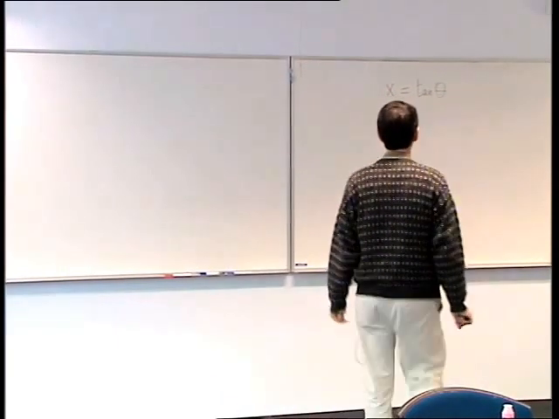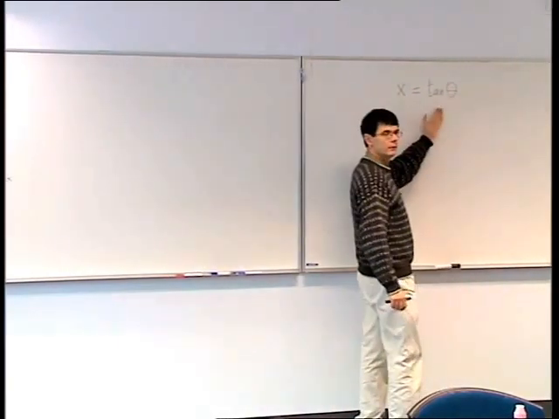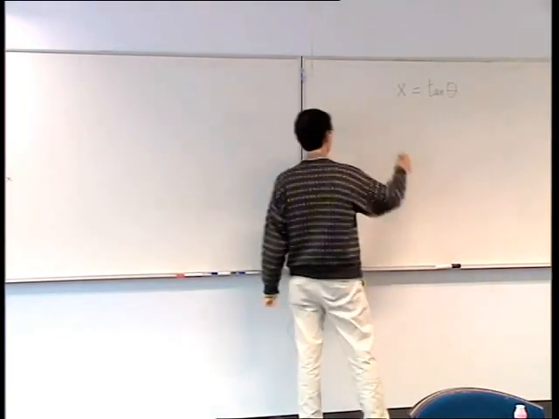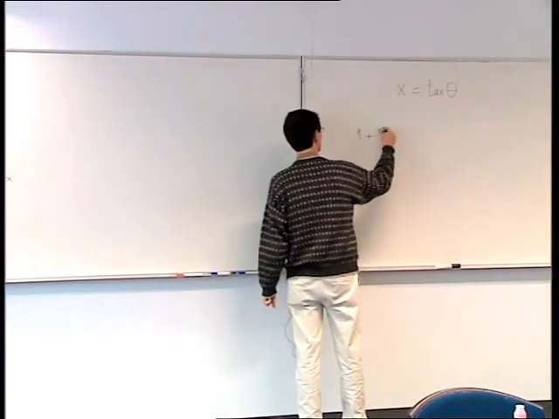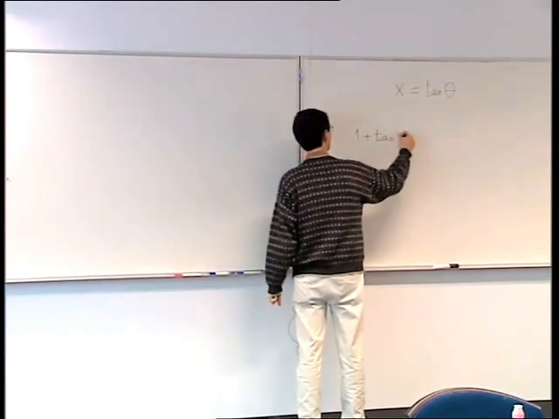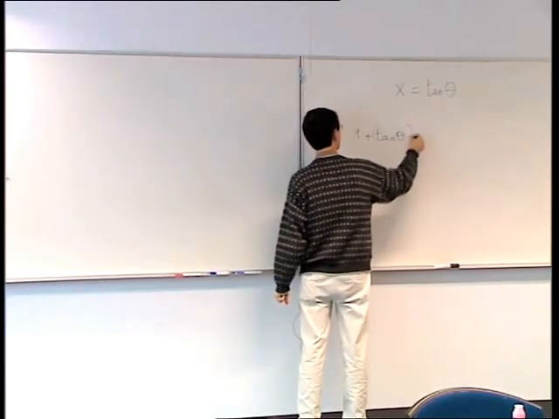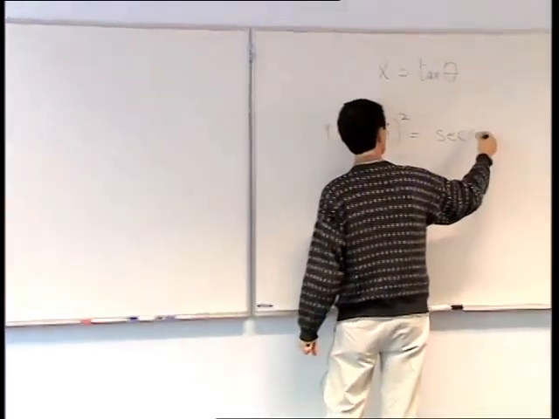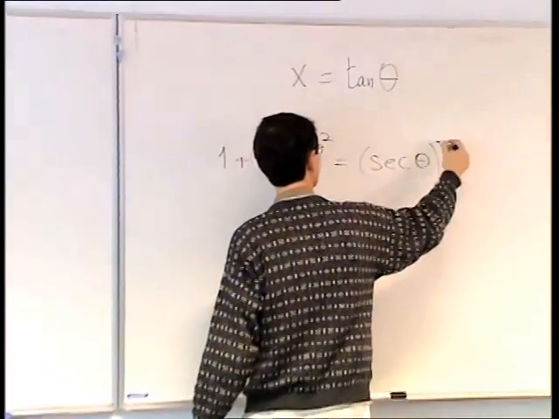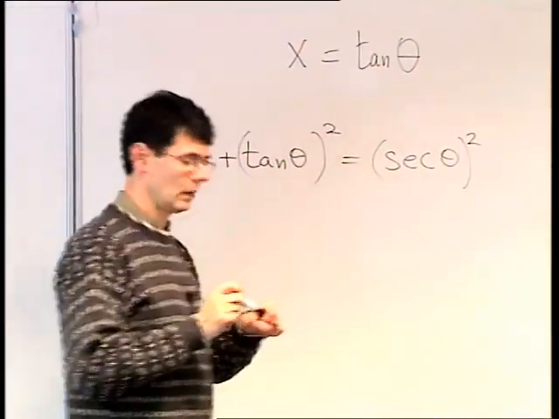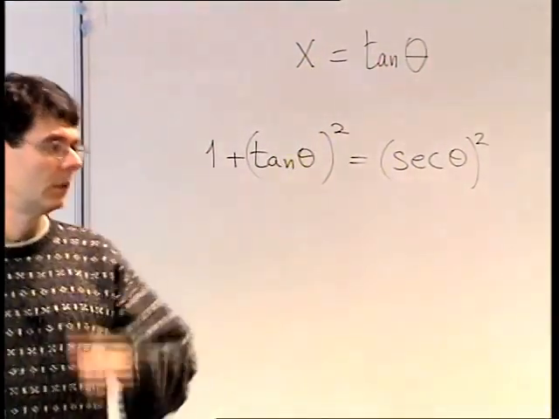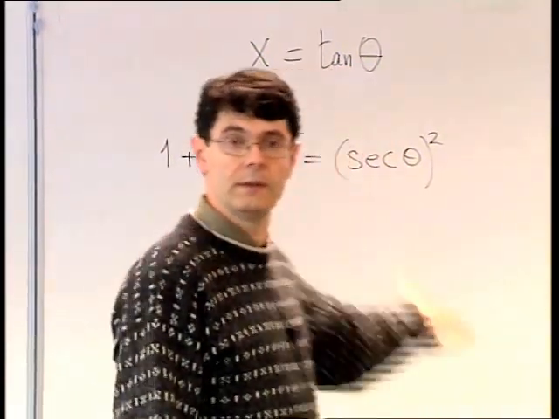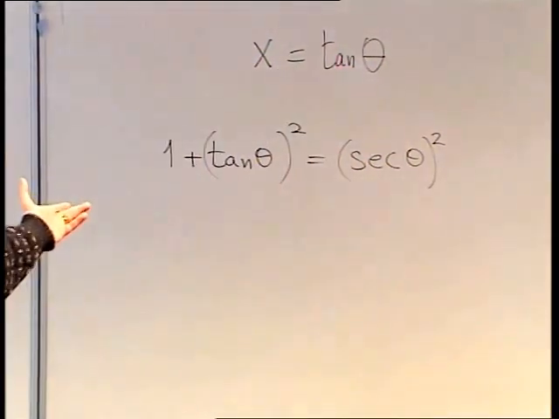Now, why do I want to do this one? It turns out that we have this formula here. It just so happens that this formula is the trig formula, and it's lying about there in your bag of formulas.